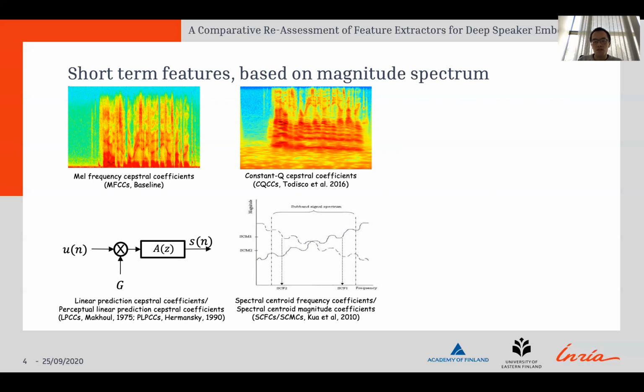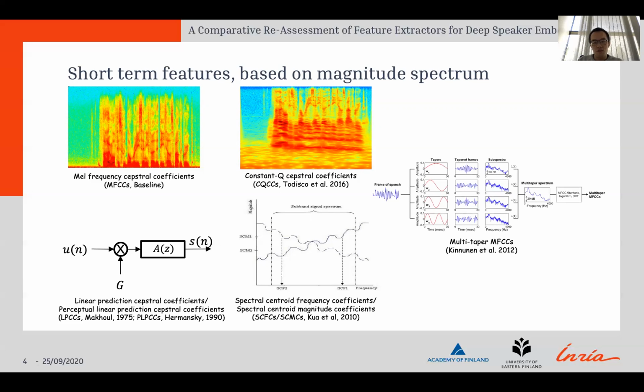We also have spectral subband centroid-based features here, where we compute the weighted average of normalized subband magnitude energies. If we compute from frequency energies, it will be the spectral centroid frequency feature that we call SCFCs. We can then apply log plus discrete cosine transform, called DCT, to get magnitude domain features. It will be SCMCs, magnitude.